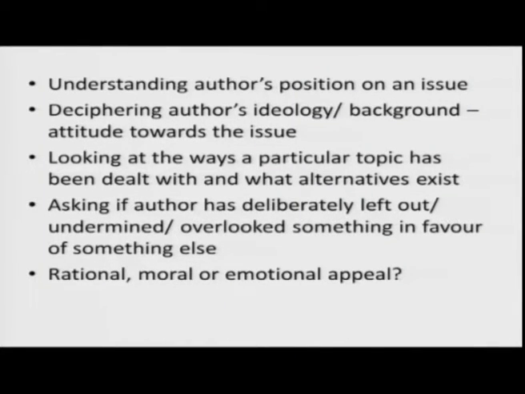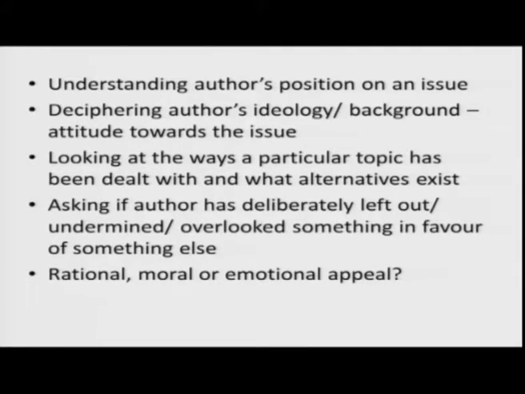The next point is asking if the author has deliberately left out, undermined, or overlooked something in favor of something else. So, say for example, the author is presenting an argument and cites several examples.